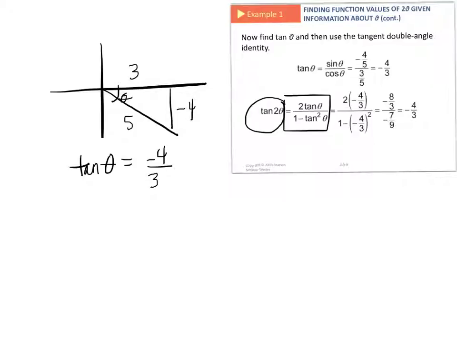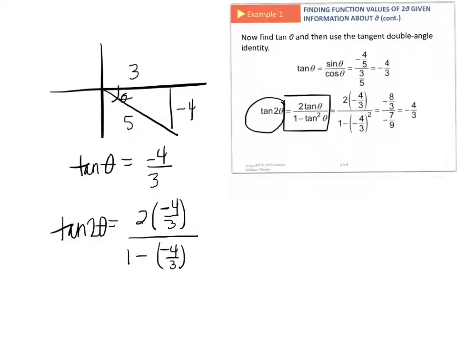Alright, so if we plug in our values, tangent of 2 theta is equal to 2 times tangent of theta, 2 times negative 4 over 3, divided by 1 minus tangent squared.